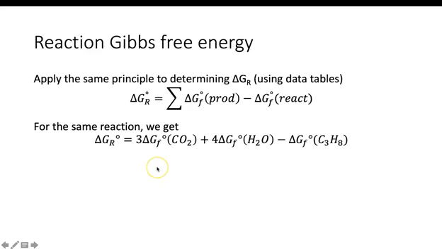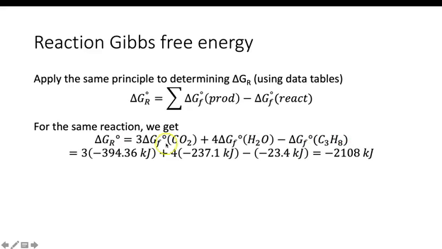Now remember, I'm not going to go back and show the balanced reaction, but we had 3 CO2s, 4 waters, and 1 propane. Once again, the Gibbs free energy of formation of an element is also 0, so we don't have to include O2 as well. And so we have all of these values. These are our delta G's of formation. I looked them up in a table, and then I plugged them in.